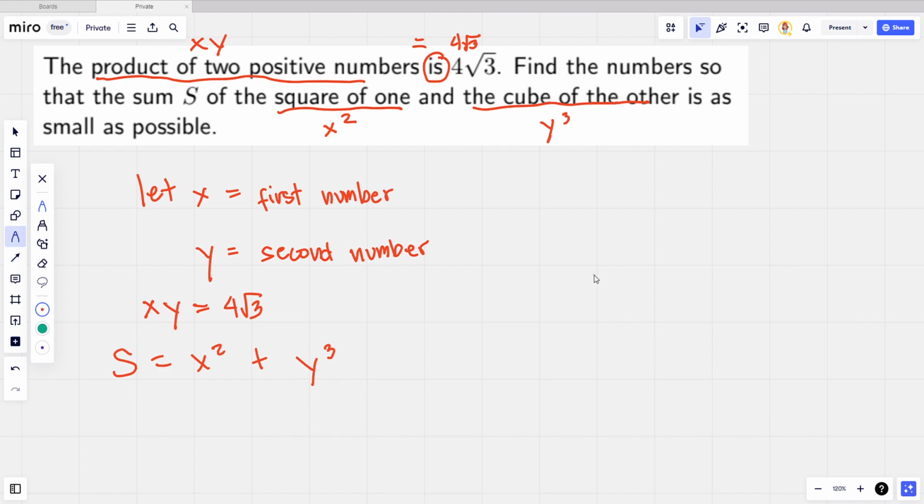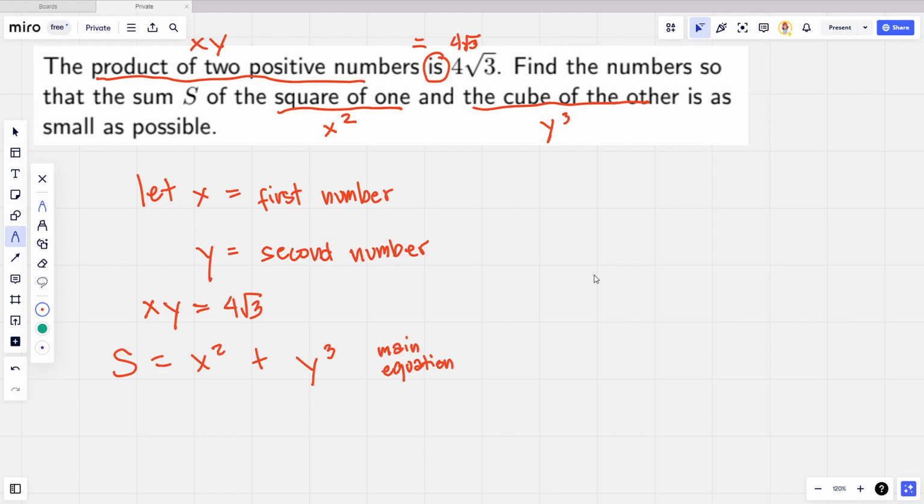Since we are asked to make the sum as small as possible, the square of one number and the cube of the other, we set this as our main equation, because this is what we're going to differentiate.